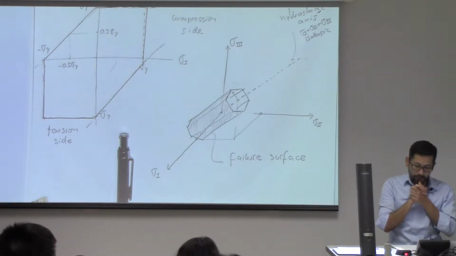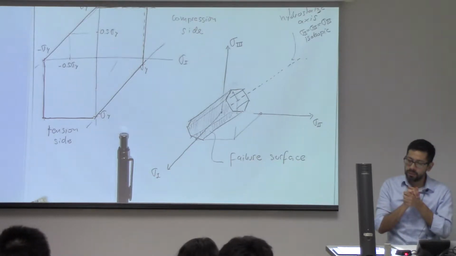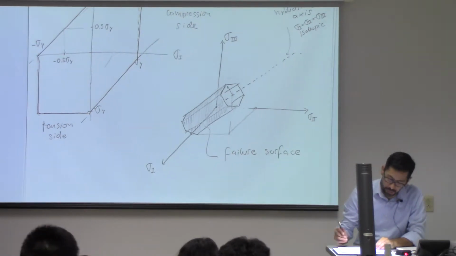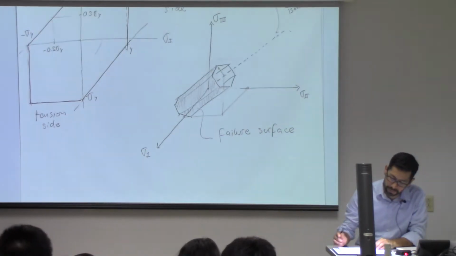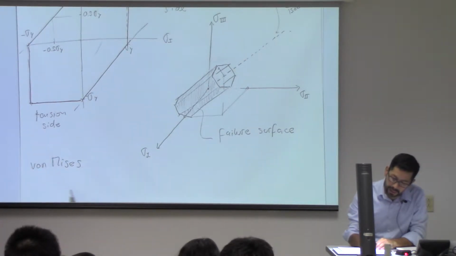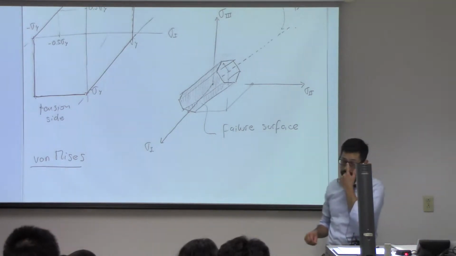There is a problem, though, with this Tresca criterion. Do you see any issues with this Tresca criterion? Well, that's one of the bad things about the Tresca criterion, but there is another one.